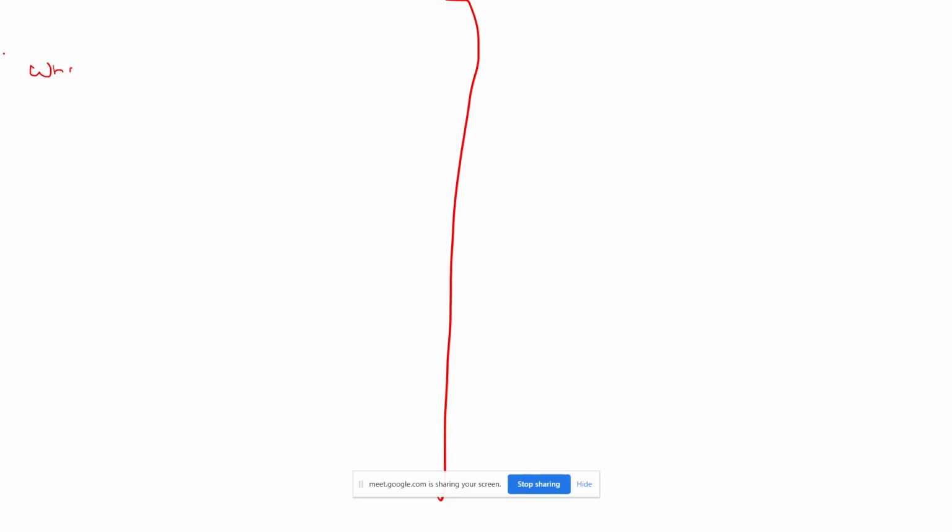Sixth one is the maximum work output is given by Cp.